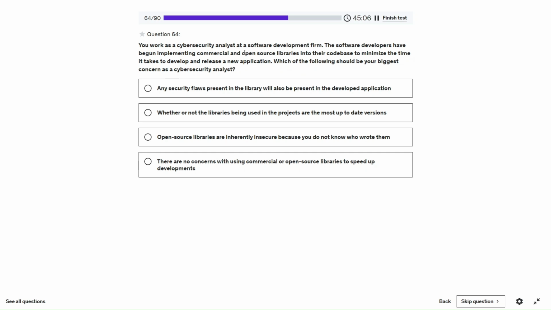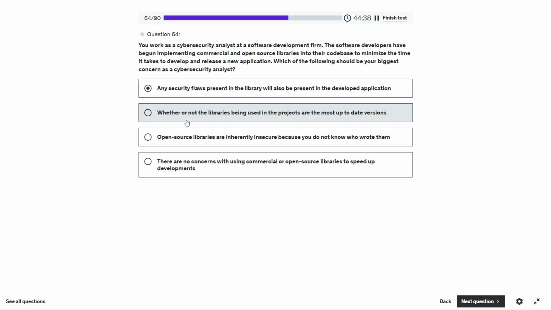Okay, whenever you are installing open source, you don't know about the modifier or the developer, and you are also not aware of the threat it may contain. So security flaws present in the library will be present in development. Any security flaws present in the library will also be present in the developed application.